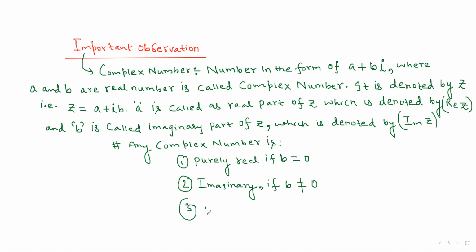But in the case of purely imaginary, just stress the word, purely imaginary if a is equal to 0. That is a very important point, the most important point here. Purely real if b is equal to 0, purely imaginary if a is equal to 0, but imaginary if b is not equal to 0.